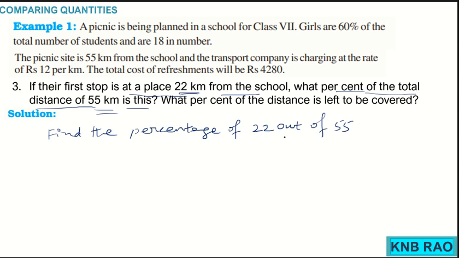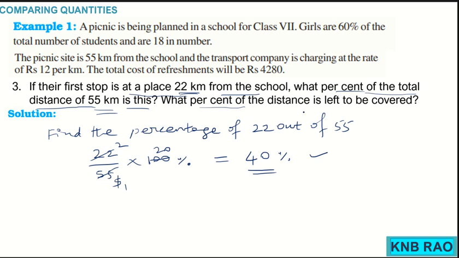So he is asking us to convert 22 by 55 into percentage. For that, as I have already said, we will multiply by 100 percent. 11 2s are 22, 11 5s are 55, so 5 1s are 5, 5 20s are 100, so 2 into 20 becomes 40 percent. So the percent of the total distance of 55 kilometers that this 22 is, is 40%.